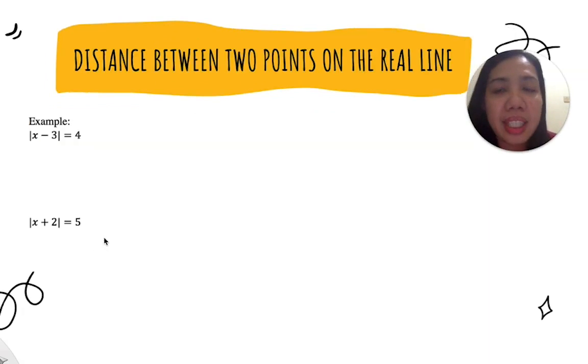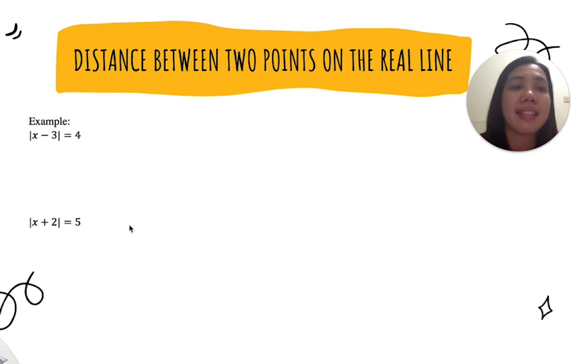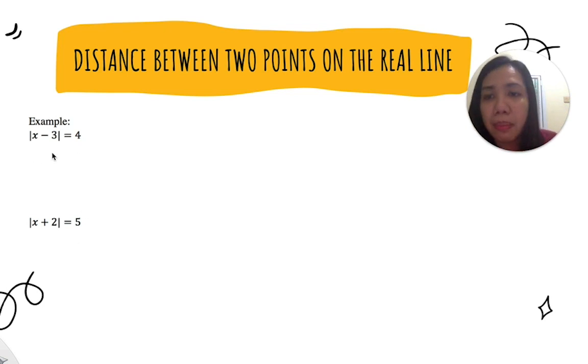The next thing we're gonna see is the distance between 2 points on the real line. Remember that when we are talking about the absolute value in a more practical way, the absolute value is the distance between 2 points. Now we're gonna use the definition that we have learned before to solve these two examples. In this first example, the absolute value of x minus 3 equals 4.